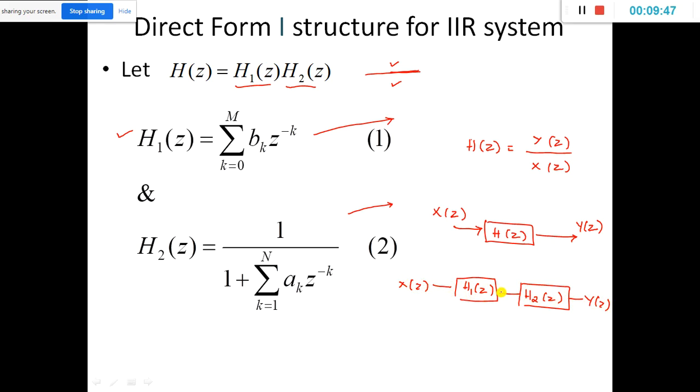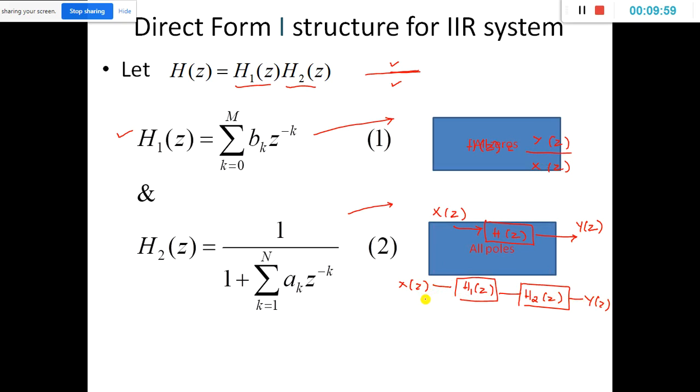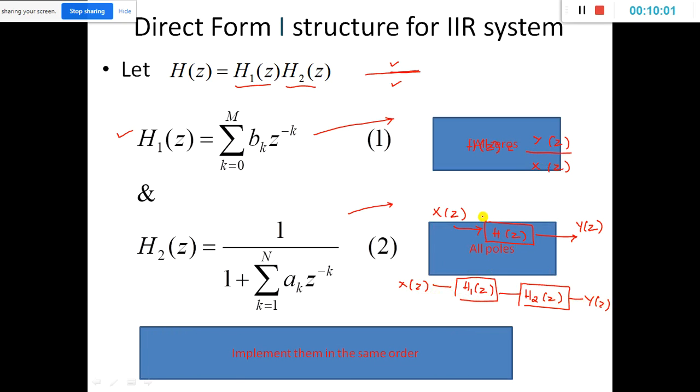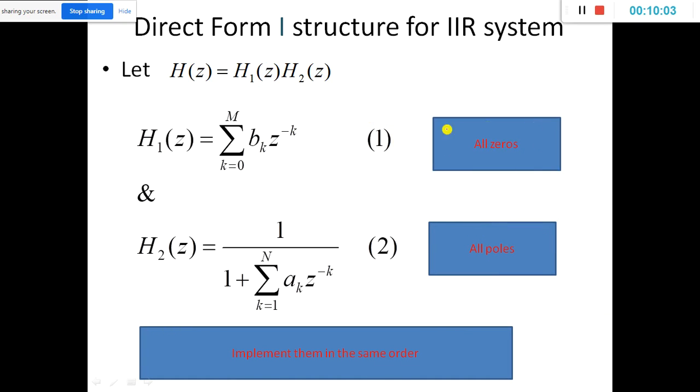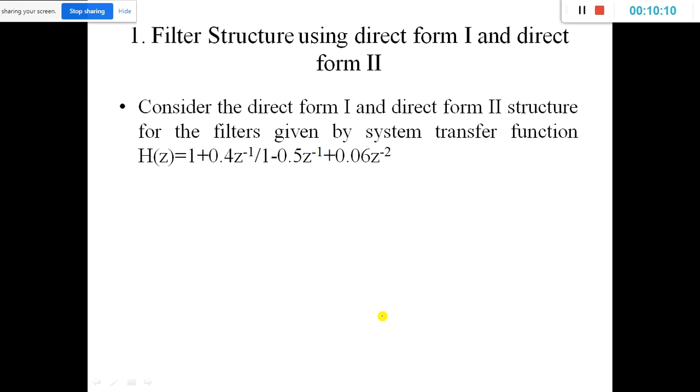The output of H1 of z will be the input to H2 of z, and finally the output. Now this helps me with the realization of the IIR filter, where we take only the zeros and only the poles, and then implement them in the same order. Directly we'll go to the example here so that you can understand much more clearly.